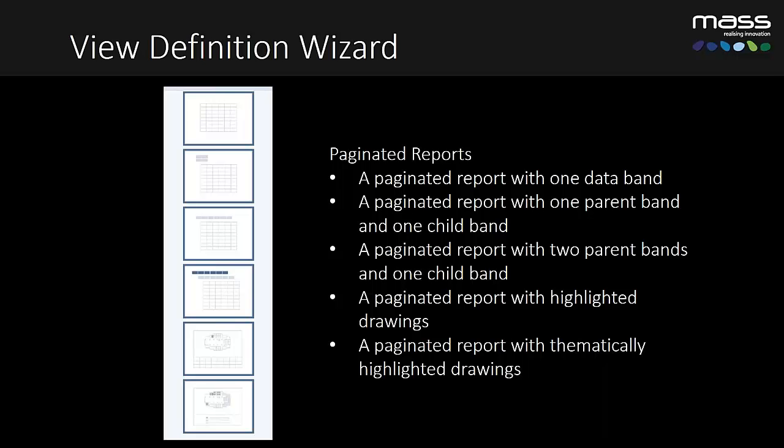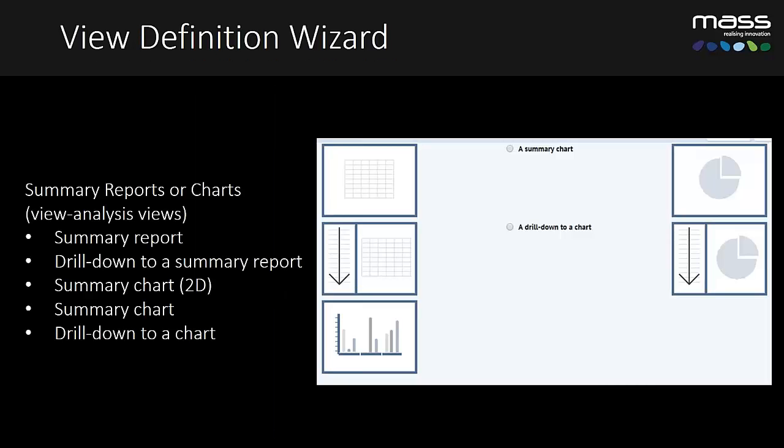These create reports with one data band, reports with one parent band and one child band, report with two parent bands and one child band, report with highlighted drawings, and a report with thematically highlighted drawings. The next is summary reports or charts. With a standard summary report, a drill down to a summary report, a summary chart in 2D, a summary chart, and drill down to a chart.